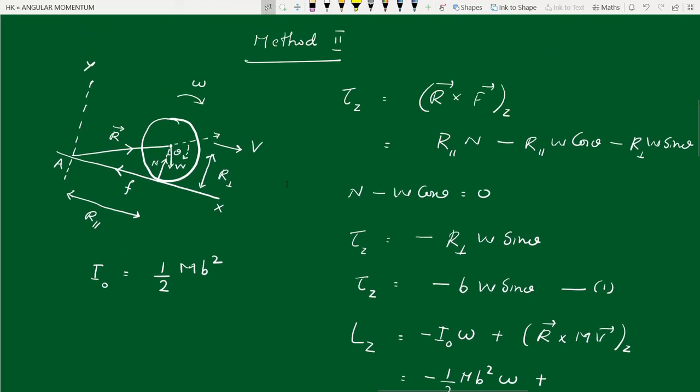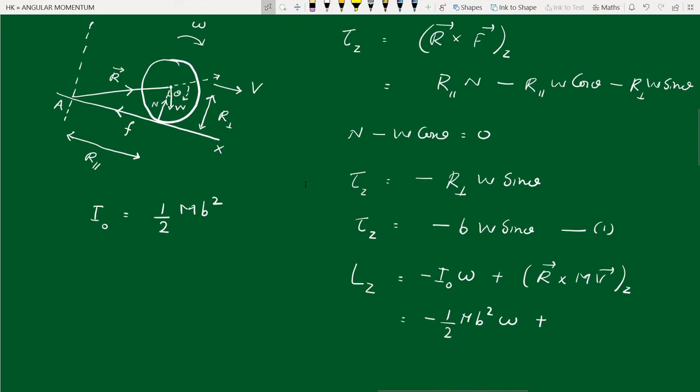Its direction: the radius vector direction is shown here. The velocity vector is along the minus x direction. So for r cross m v, the rotation is in the clockwise sense, so r cross m v will be directed inward along the minus z direction. So this term is actually negative.